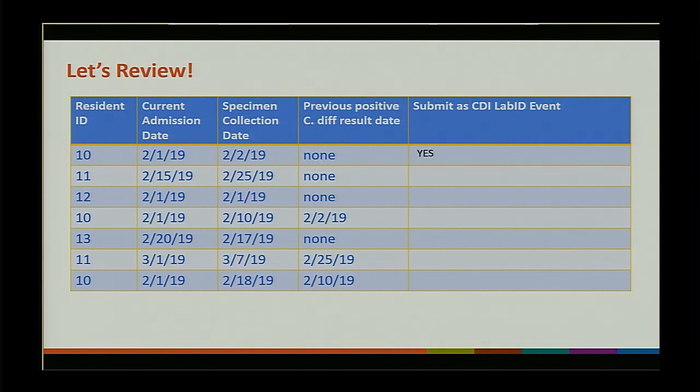Resident 11, current admission 2/15, specimen collection 2/25, no previous positive. Do we submit this? Okay. Resident ID 12, admission 2/1, specimen collection 2/1, no previous positive. Would you submit this? Yes.